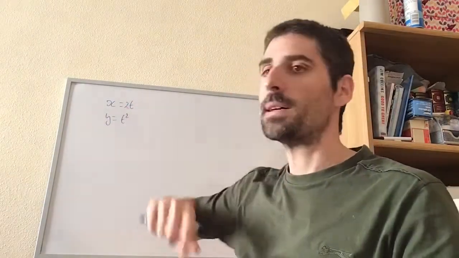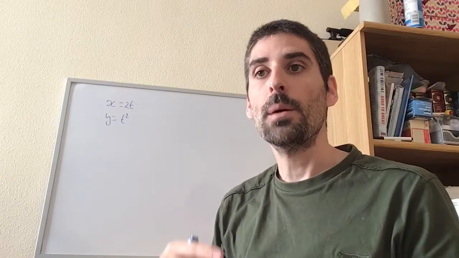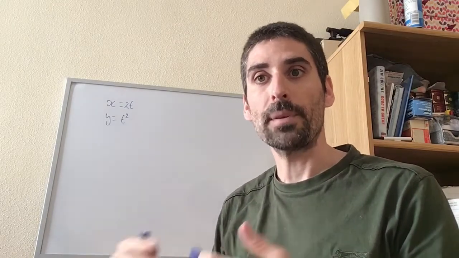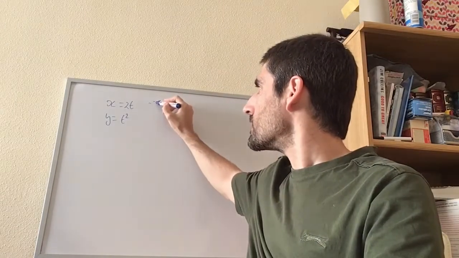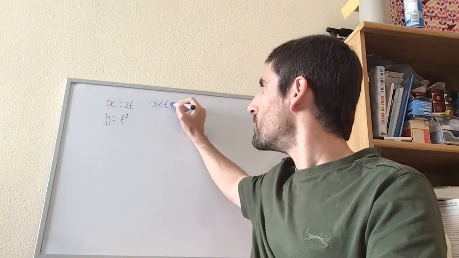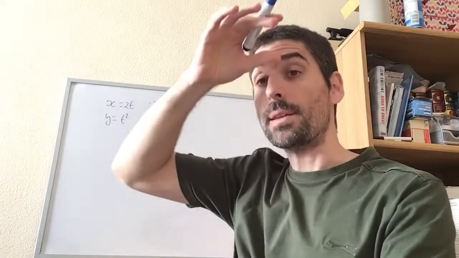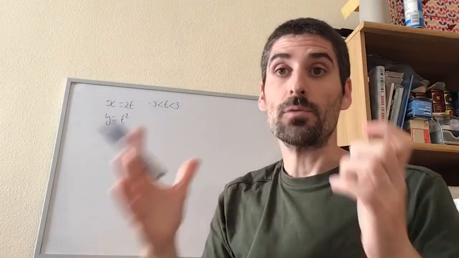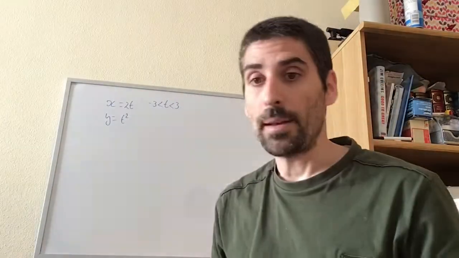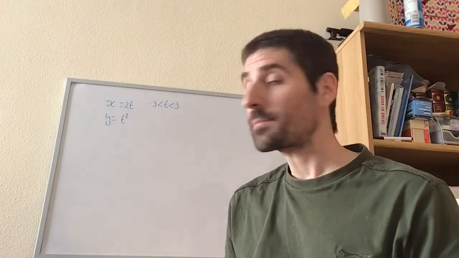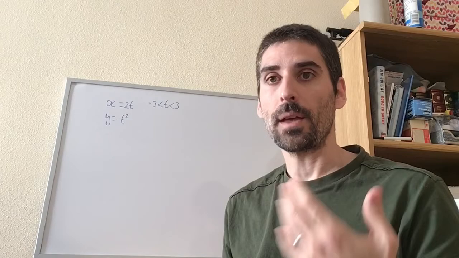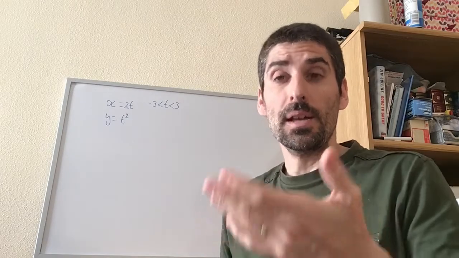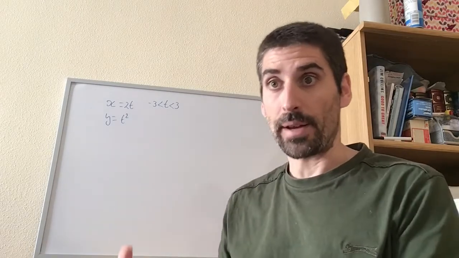Now these are the parametric equations, parametrics because they depend on a parameter, t, and typically they are defined for a certain range of values of that parameter. The easy thing to do is to convert this into the Cartesian equation, the one you know, so y as a function of x.